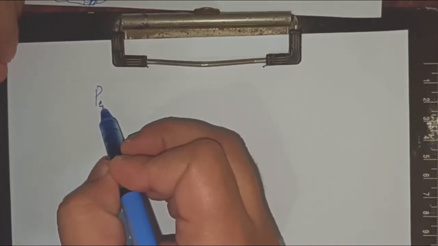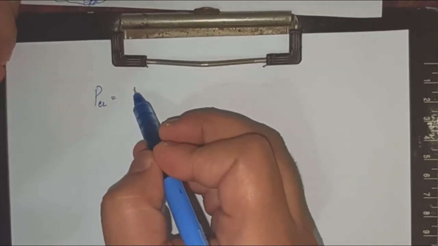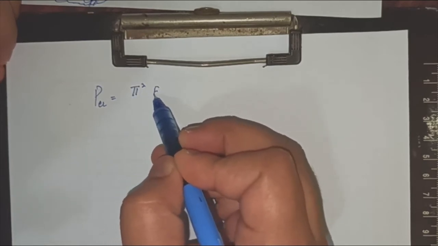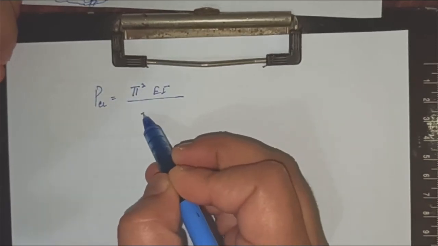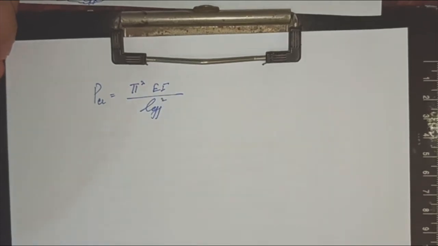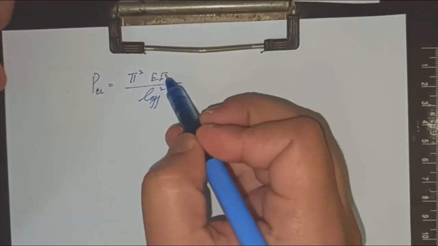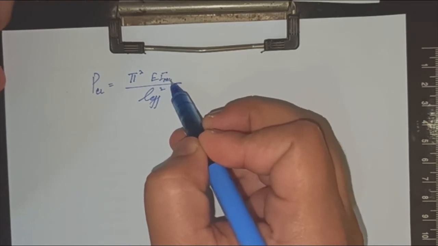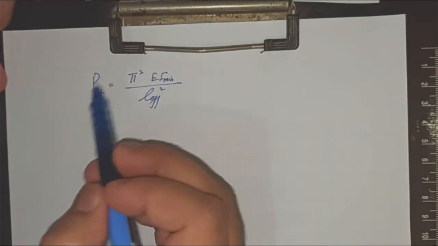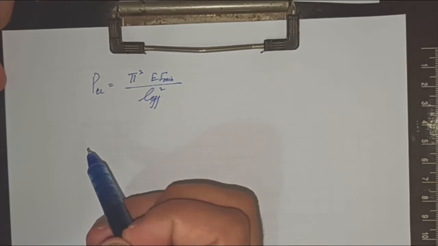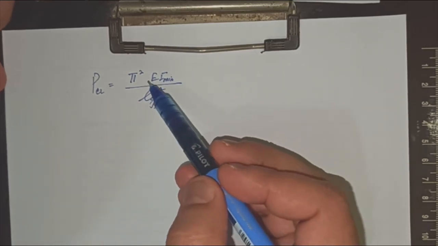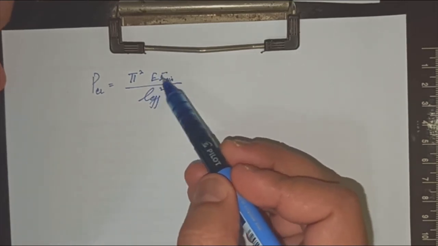The critical load P critical is equal to pi square EI upon L effective square. So a critical load for a particular column depends on the modulus of elasticity E and I minimum.